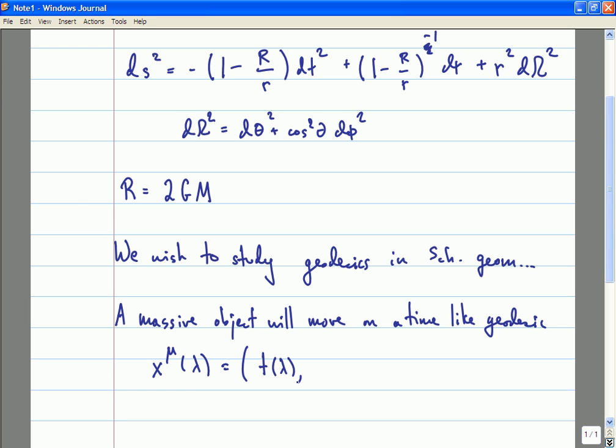And we will introduce a parameter lambda, which will label points on that geodesic. And the geodesic is given by some set of four functions. And the geodesic equations give us second-order differential equations, which allow us to determine t, r, theta, and phi as functions of lambda by solving those four coupled second-order differential equations.